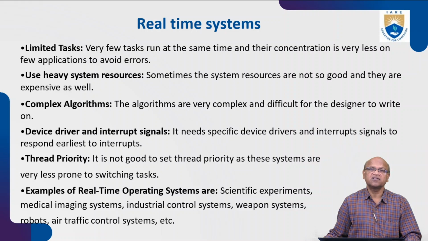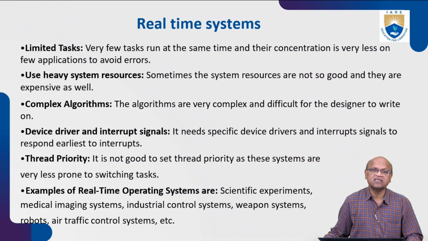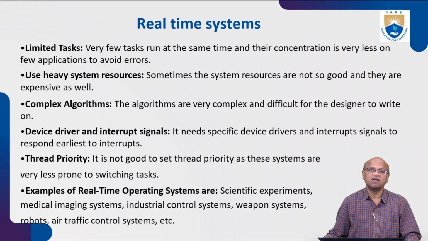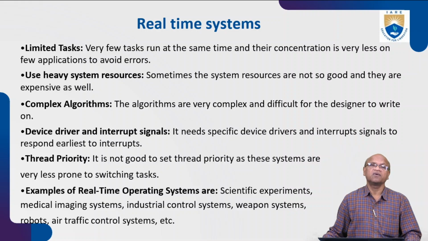Device drivers and interrupt signals: it needs specific device drivers and interrupt signals to respond to interrupts at the earliest. Thread priority: it is not good to set thread priority at these times, as time is very short, so we should not use task switching.